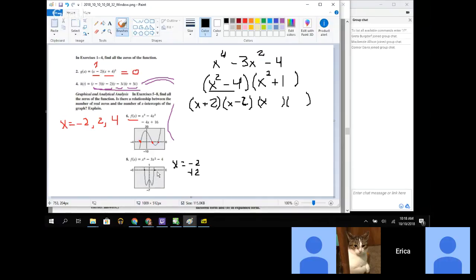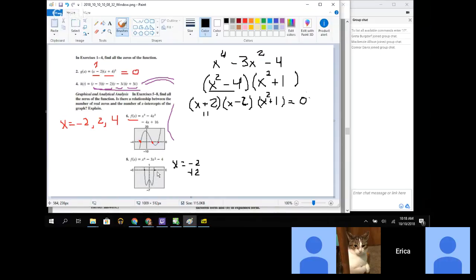There's a couple of different ways I can figure this out. One option is I could leave x squared plus 1 because I can't factor it, right? And so what I'm trying to do is figure out what I can put in for x that will make the whole thing equal 0.